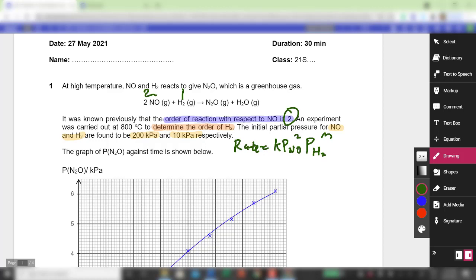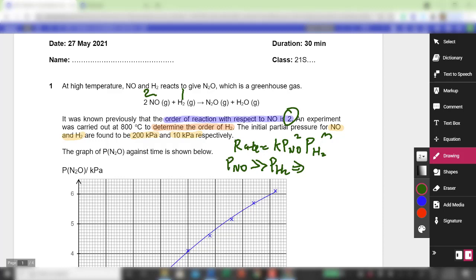Since NO's partial pressure was given to be 200 kilopascal and H2 10 kilopascal, the partial pressure of NO in this particular experiment is way greater than the partial pressure of H2. This will make it a pseudo nth order reaction with respect to H2.